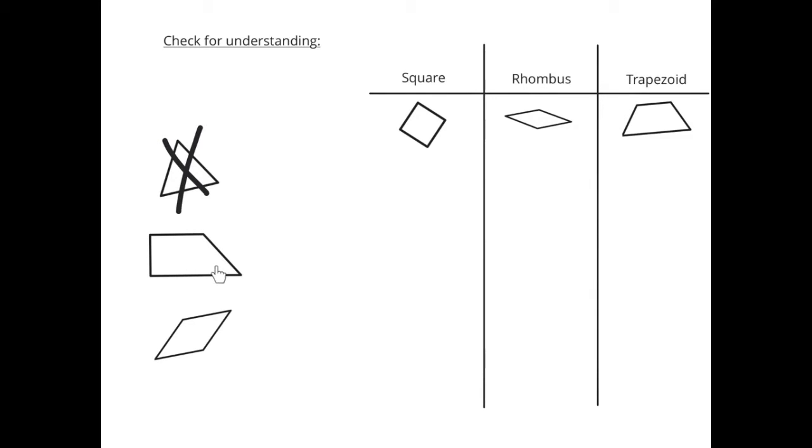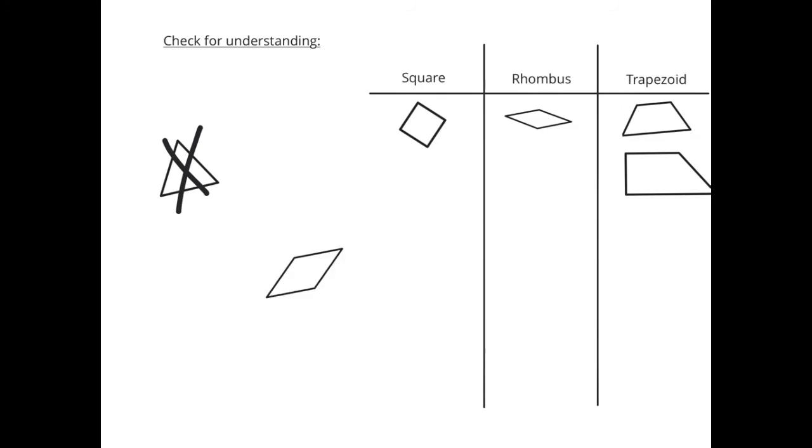They're not congruent, which means they're not a square or a rhombus, which makes it a trapezoid. Now the next shape, last one: 4 congruent sides, no right angles, which makes it not a square. This means it's a rhombus.